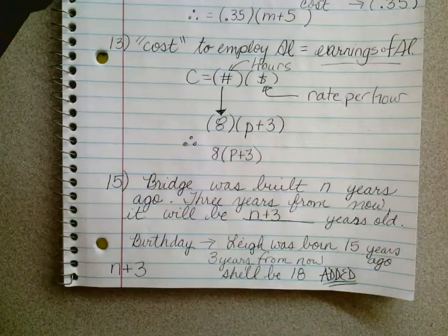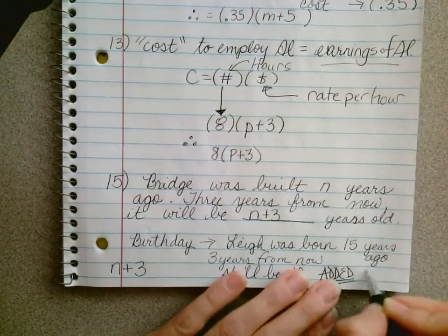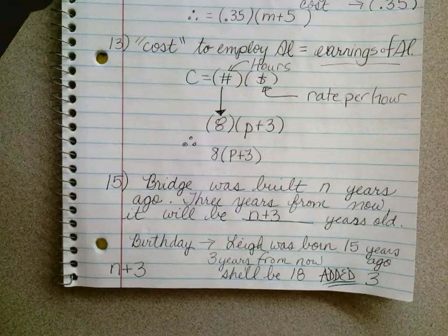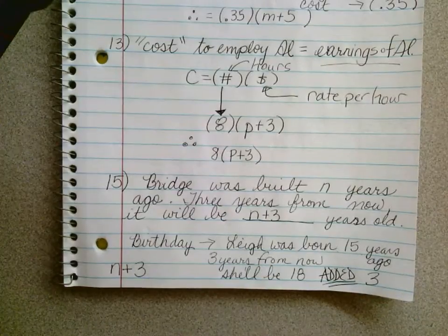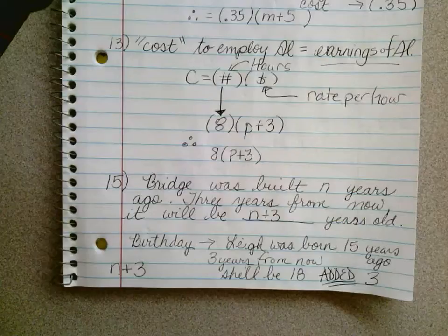Good. So, the reason I use birthday, anytime you can equate something with something you could do for real. So, the day something was built is like the day you were born. And you could use your age and add or subtract from it to equate the same situation in objects in life, this being a bridge.